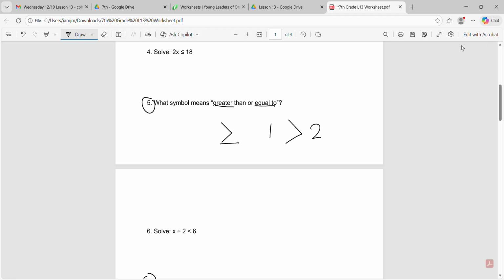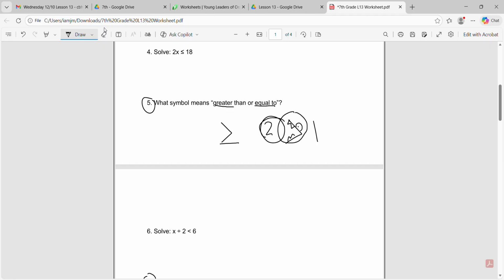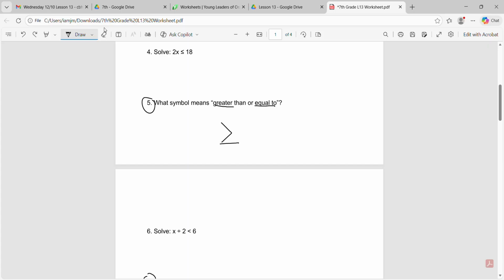Think of the inequality sign as an alligator. It always wants to eat the bigger number. So here 2 is the greater number. This is how you know what's the greater than sign. The alligator always eats the greater number, the bigger one. That's how you can figure out the difference between greater than or equal to.